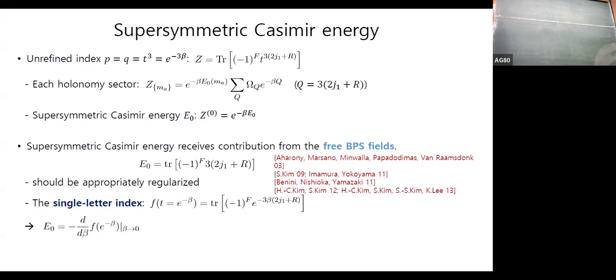You'll have various sectors of your theory, each sector labeled by holonomy. Now you expand your fields in that sector and you get modes. The sum over these holonomies is just a sum over sectors, so in each sector you should get some integer counting. And from that point of view, the zero point energy is just the standard zero point energy.